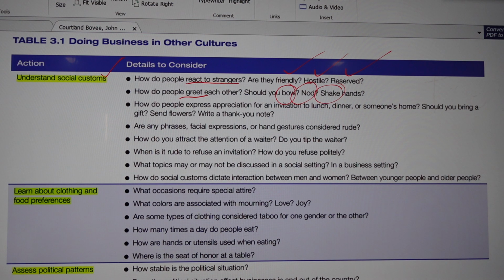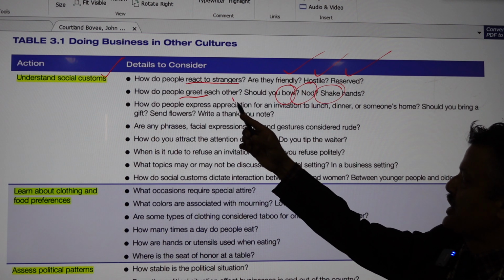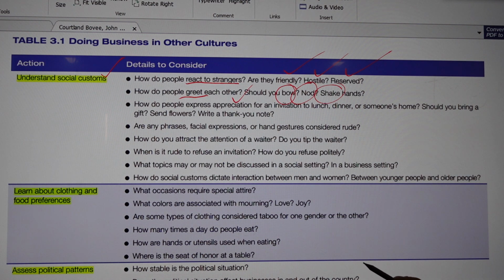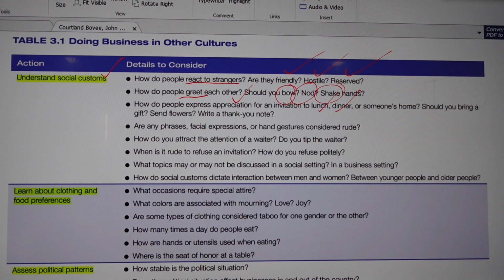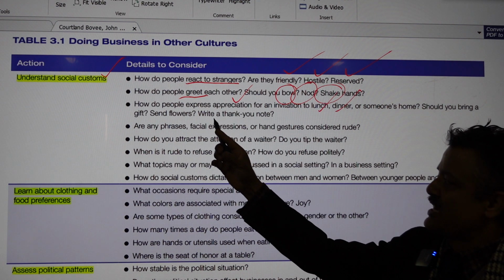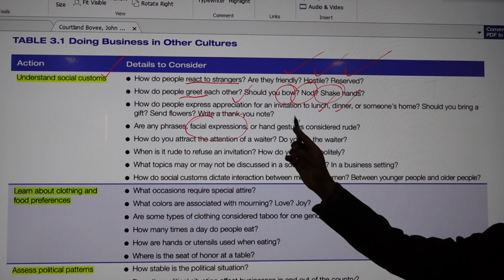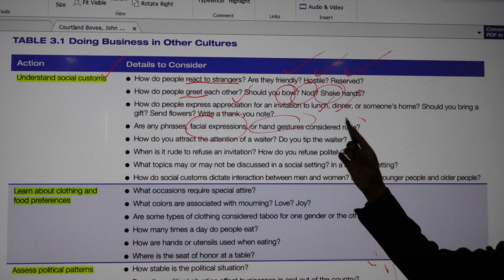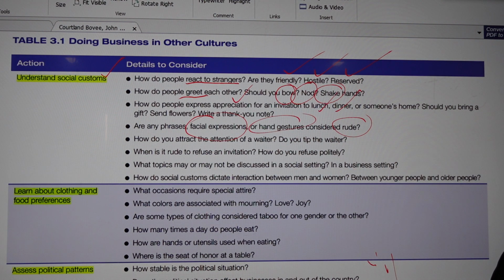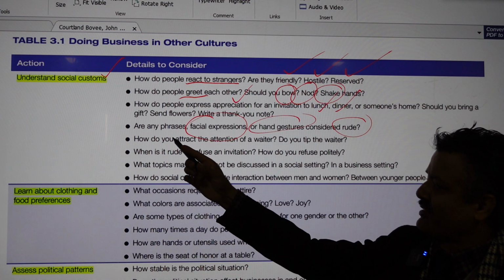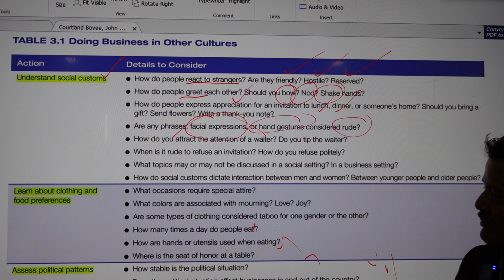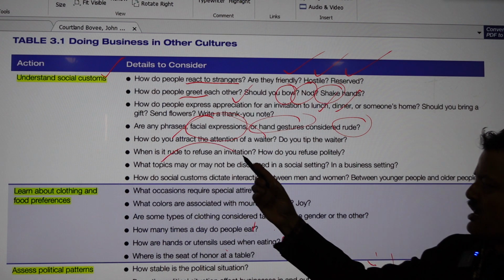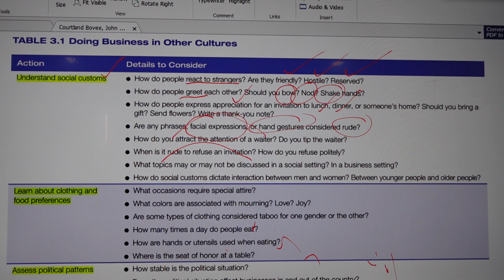Should you do namaste? How they appreciate, how they invite to lunch, dinner, facial expressions, hand gestures, what is rude, what is polite, how to attract attention, right? What topics can be discussed publicly, what topics cannot be discussed publicly.